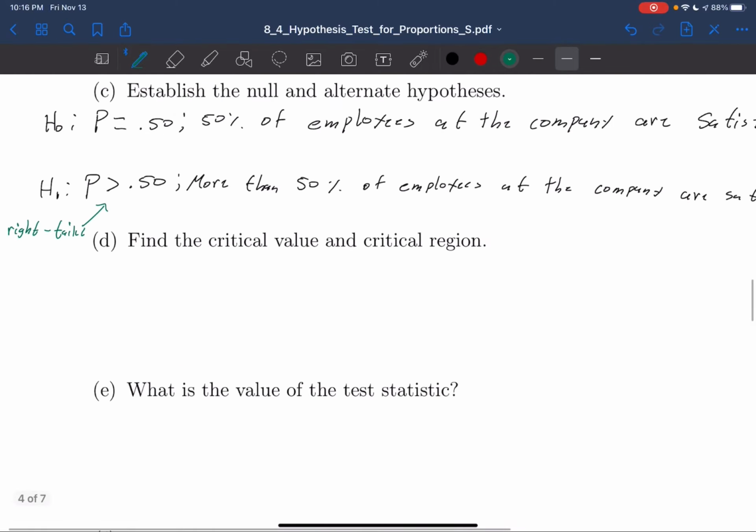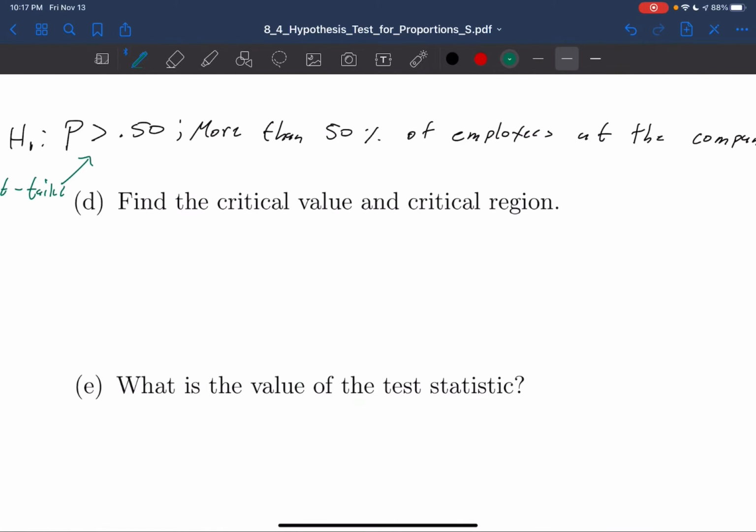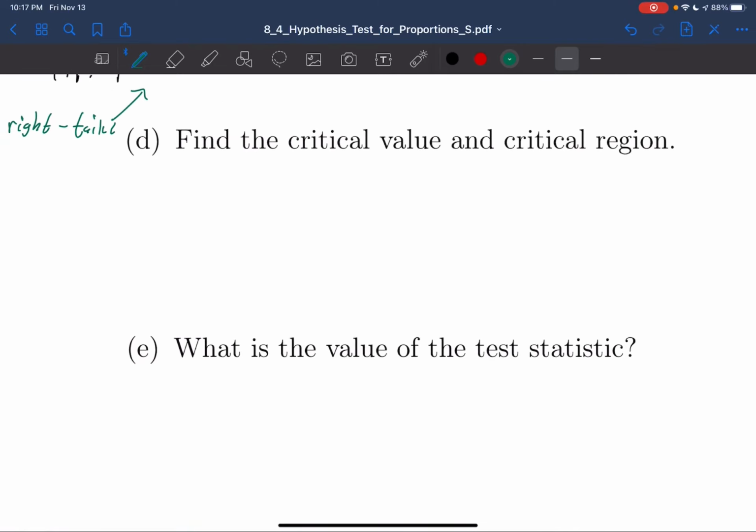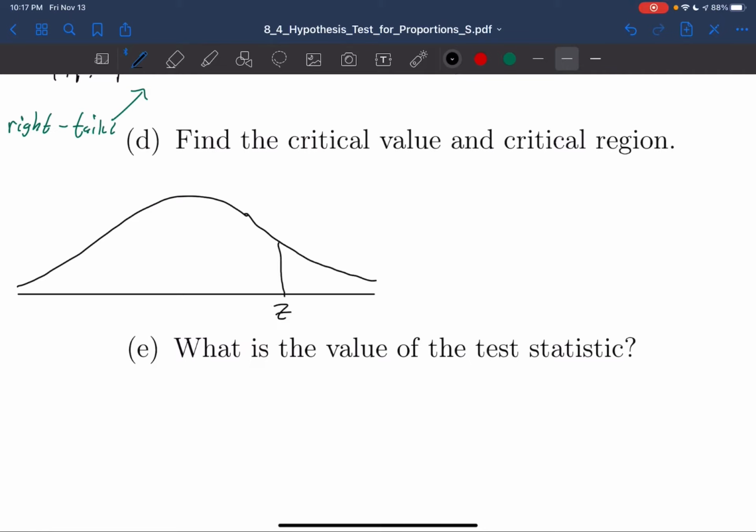Great. Now we want to find the critical value and its critical region. Well, since we know this is going to be a right tail test, we want to find the critical value where the area to the right is our significance level.